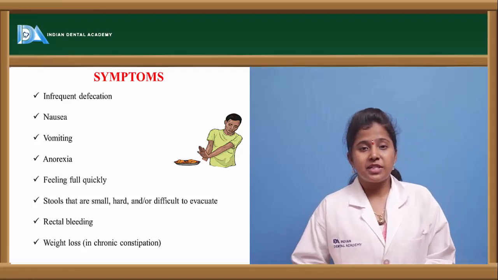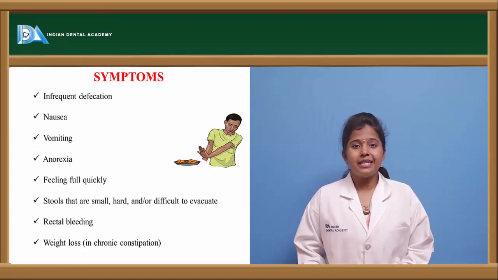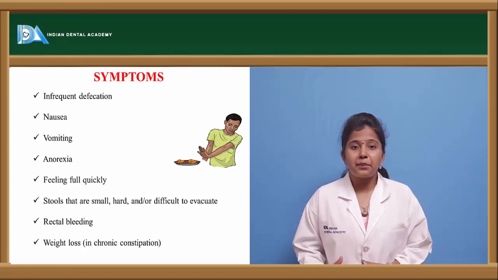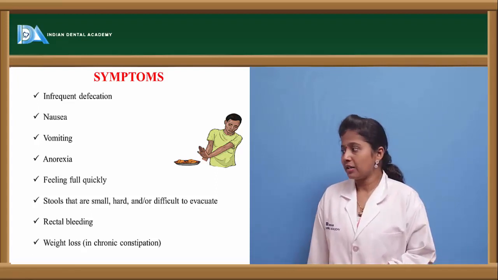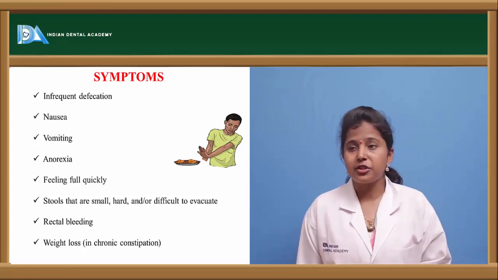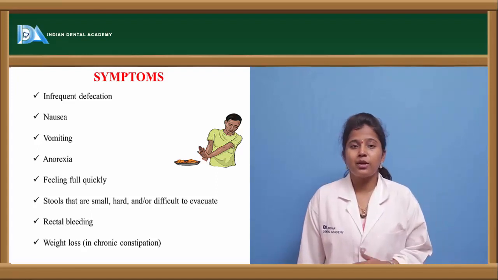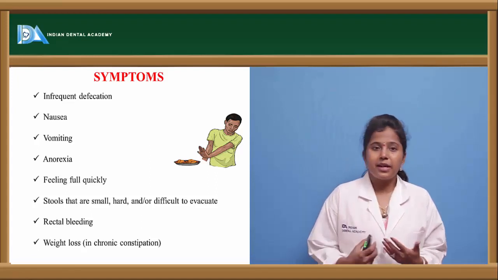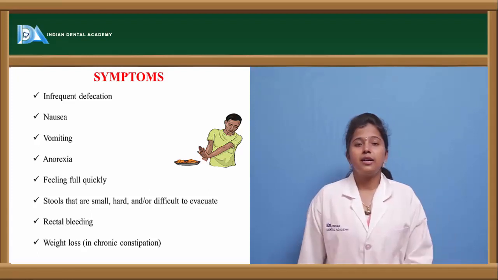If this constipation is in a severe condition, then there will be pain in the defecation of the stools, and sometimes because of the rupture of the capillaries present in the rectal region, rectal bleeding may occur, and there will be weight loss in the patient. The stools defecated will be very hard for the person to pass, and sometimes he vomits also, and there will be some sort of discomfort in him.